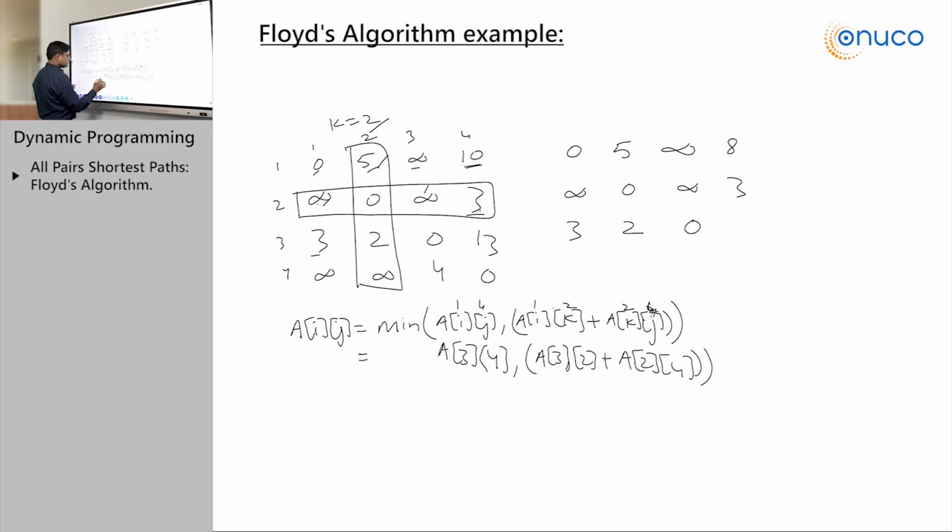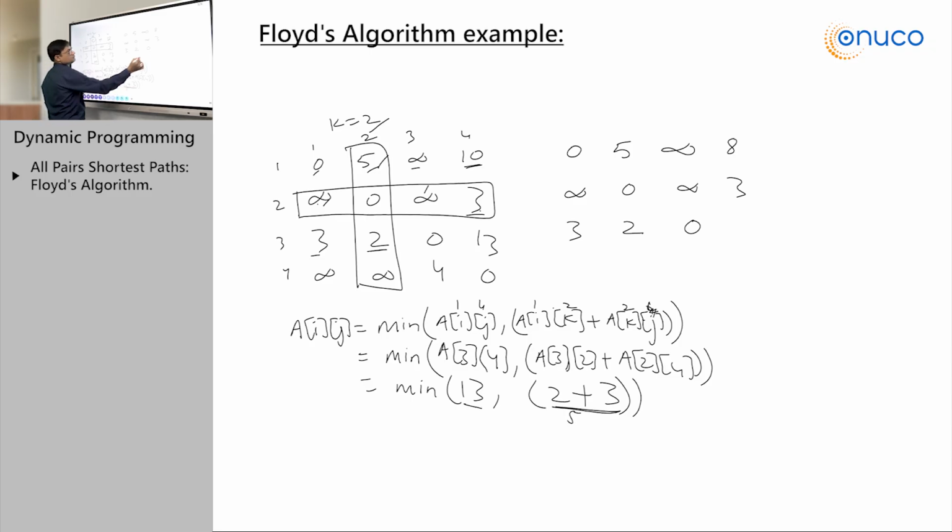If you see that, min of this A of 3, 4. What is the original value of A of 3, 4 here? It is 13, comma A of 3, 2. What is the value? 2 plus A of 2, 4. 2, 4 is 3. Hence, we can find min of 13, comma 2 plus 3 is 5.